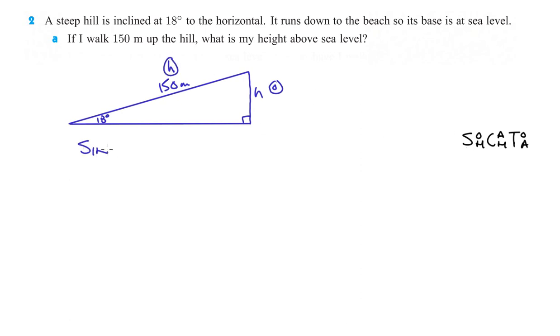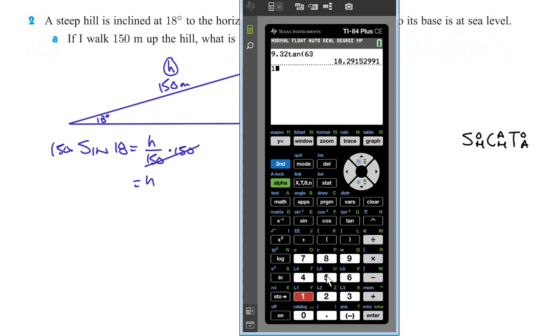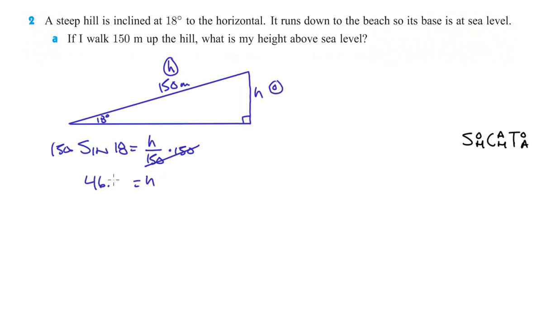So sine 18 equals the opposite, which is the height here, over the hypotenuse, which is 150. Multiply both sides by 150, and that should help us figure out the height. So we do 150 sine 18, and we get 46.4. So it should be 46.4 meters above sea level.